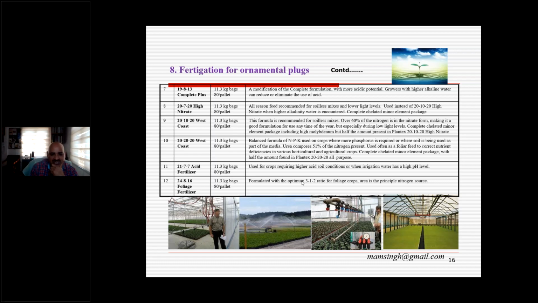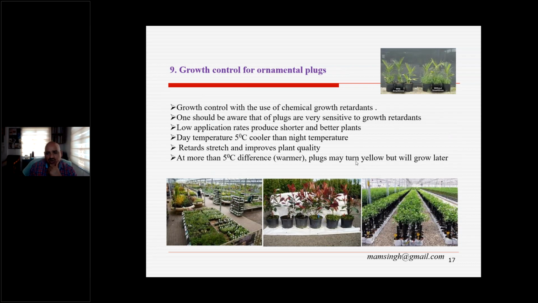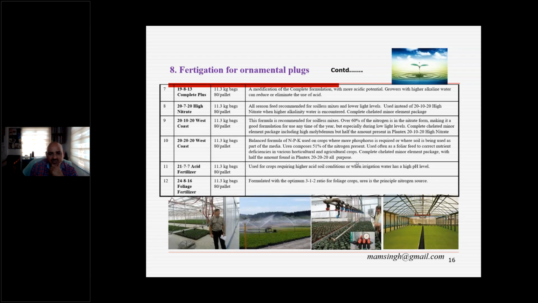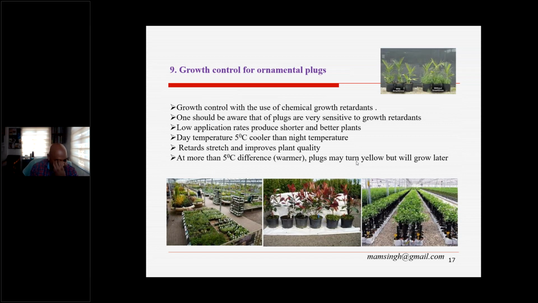And if we see the nutritional requirement of the plugs, it's nevertheless the same. For nitrogen, the supply is between 120 to 135 ppm in the soluble water, and it goes every time. So the sustenance of the nitrogen is very important.